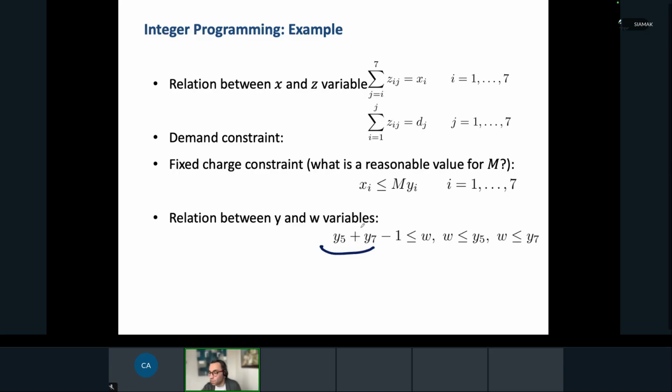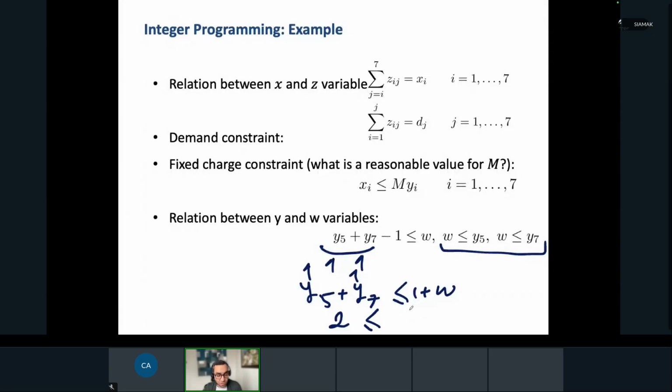That's very good. So you can see here when this one is equal to 1, this one is equal to 1. Essentially, this is y5 plus y7 is less than or equal to 1 plus W, right? Based on these two constraints, still W can be equal to 0. Now, when you have this one, the left-hand side is equal to 2, less than or equal to a summation of binary stuff.